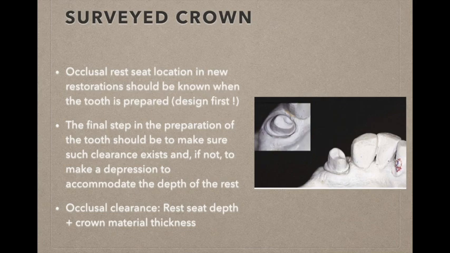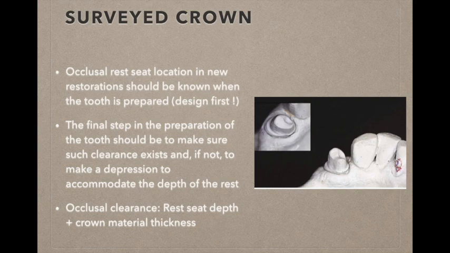For example, we already said occlusal rest seat depth is 1.5 millimeters reduction from the marginal ridge. And if you want to do a PFM crown with porcelain occlusal, then you will need another 1.5 to 2 millimeters thickness for the porcelain occlusal surface design. It means that when you ask the patient to bite down on those specific areas, you will need over 3.5 millimeters occlusal reduction.